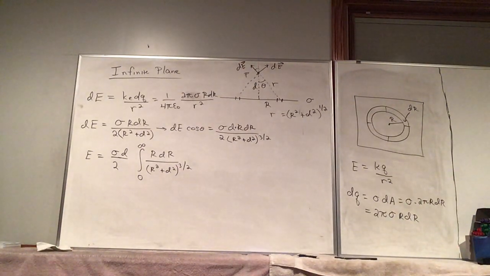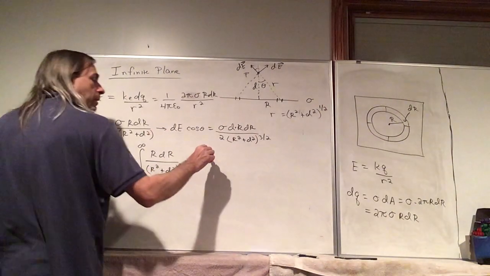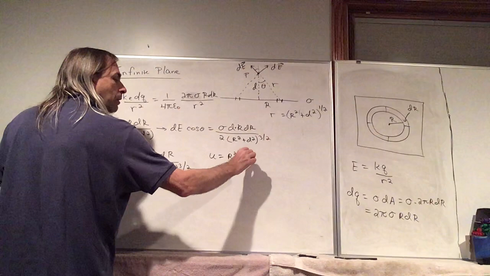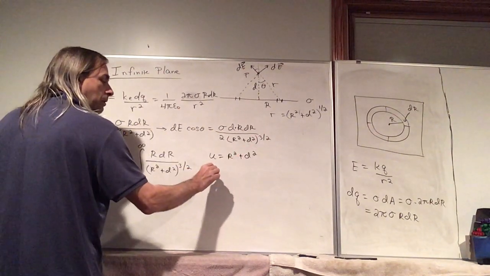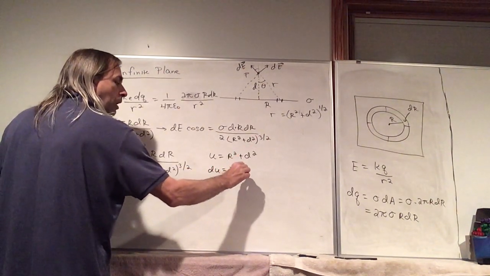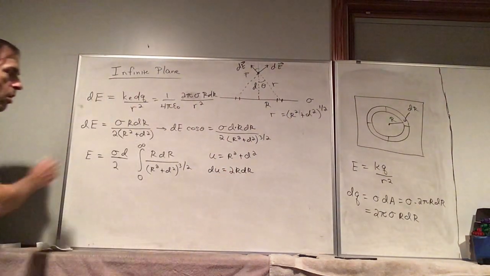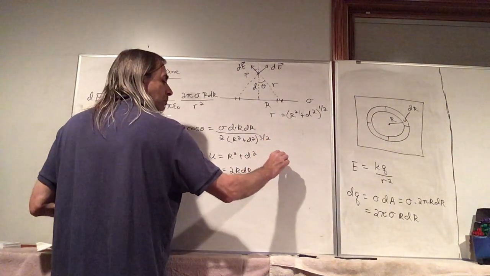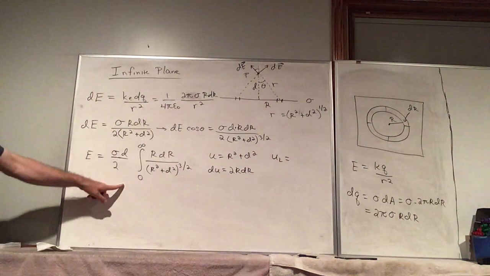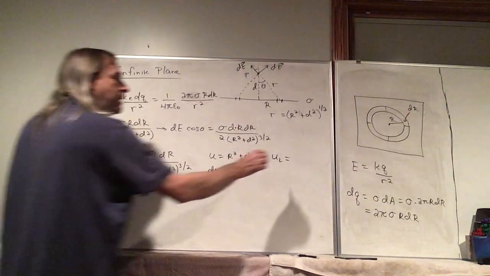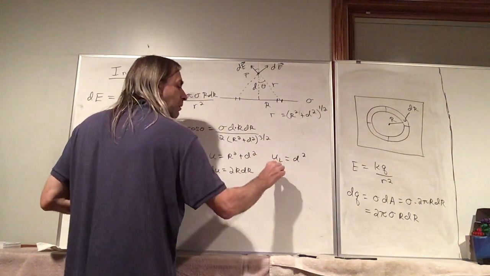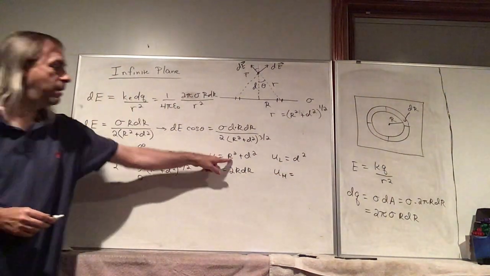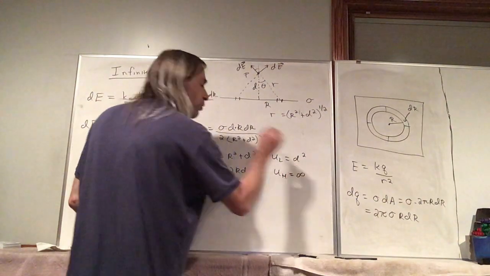And this looks like another u substitution. So let's say u is equal to r squared plus d squared, then du is 2r dr. If r is 0, then u is d squared, and if r equals infinity, then u is also equal to infinity.